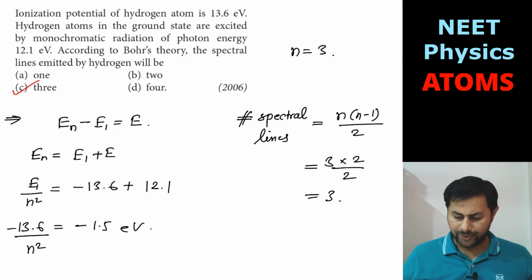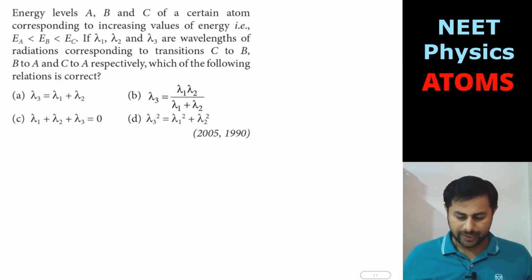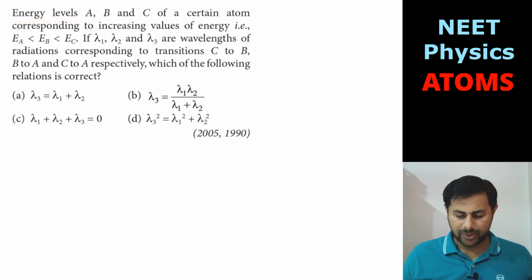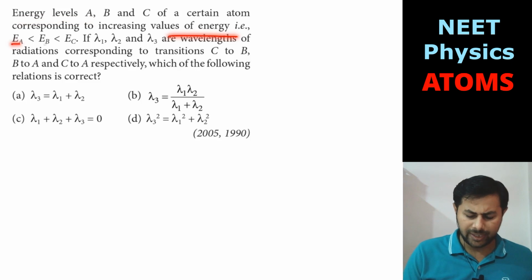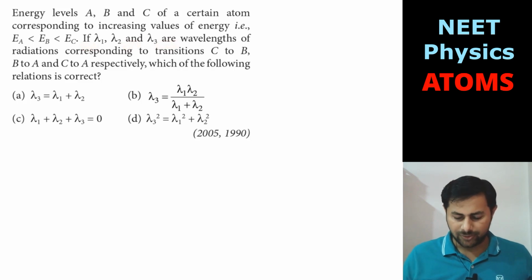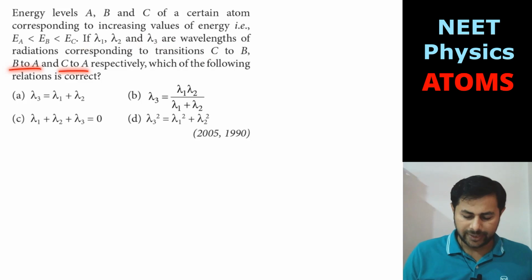All right, good. Let's see the next one. Energy levels A, B and C of a certain atom correspond to increasing values of energy: EA is less than EB is less than EC. If lambda 1, lambda 2 and lambda 3 are the wavelengths of radiations corresponding to the transitions C to B, B to A and C to A respectively, which of the following relations is correct?